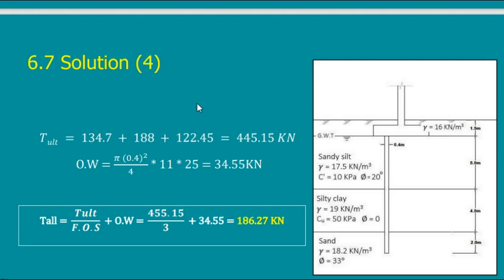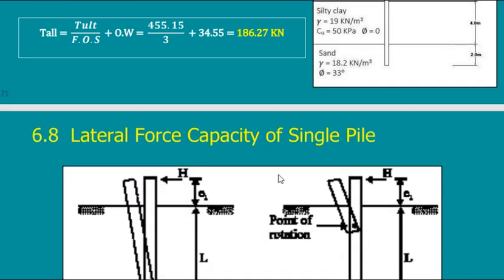This is the tension load of the pile. Compare it to the compression load of the pile, which will be the friction plus the end bearing. So compression means friction plus end bearing, tension means friction plus own weight. That's all for this method.